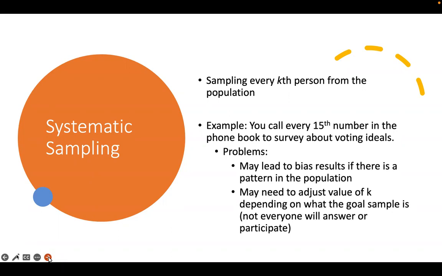So again, you could be over or under representing certain groups because you're just talking to every 15th person. You also may need to adjust the value of K depending on what the goal sample is, as I mentioned earlier. If your goal is to talk to 100 people, but every 15th and you keep getting shut down, you may need to call more to get the sample size you need. So that's just something to keep in mind with systematic sampling.